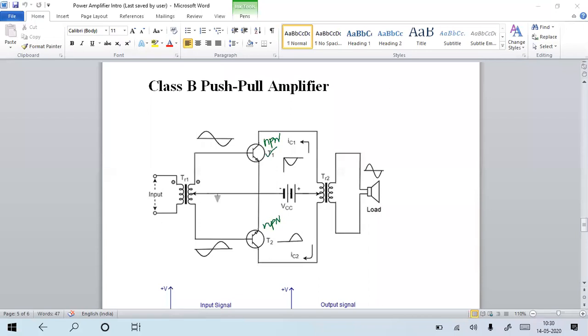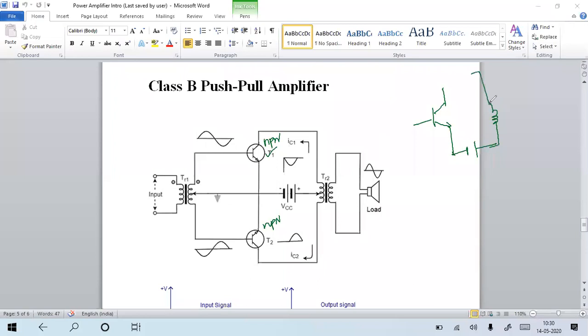You can see here, it is the same circuit. We were discussing the transformer coupled class A, right? Same here: to the emitter terminal we are giving the negative voltage, and to the collector side we are giving the positive terminal via, in place of RC, an inductor.